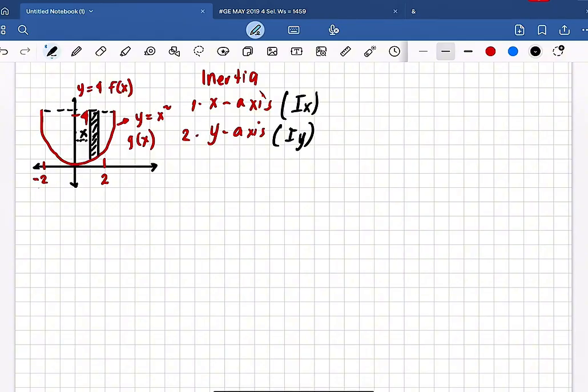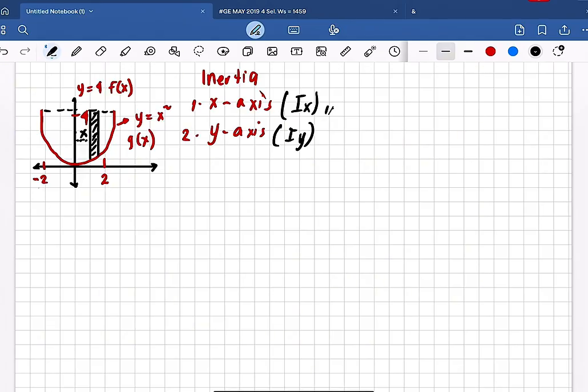So our goal is to find the moment of inertia of the shaded area with respect to our x-axis, and the second one is the y-axis.